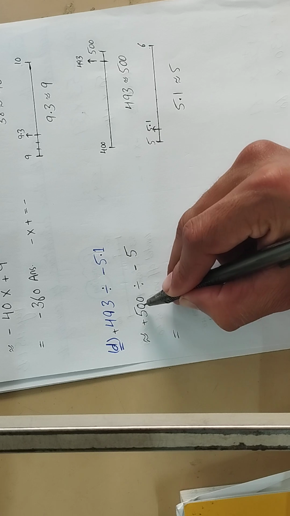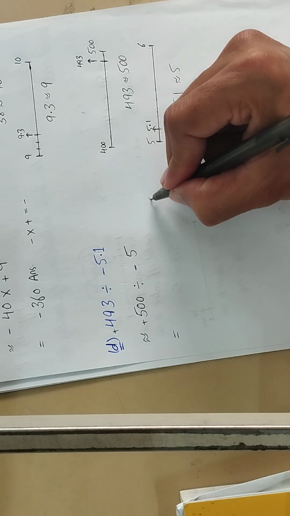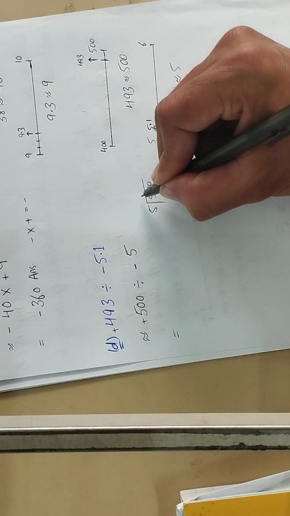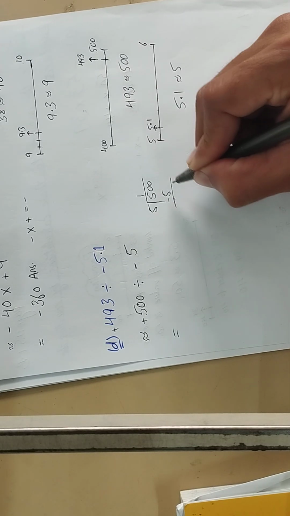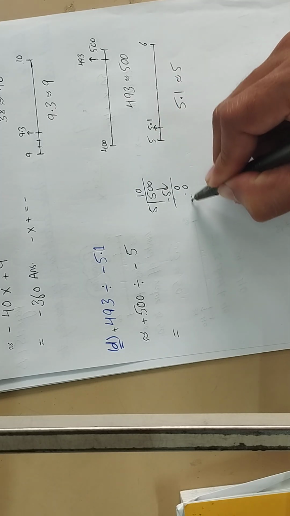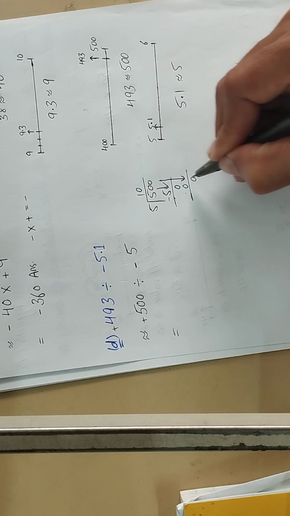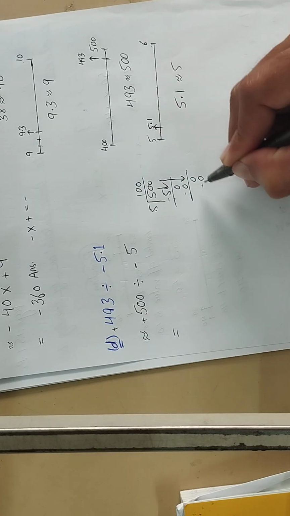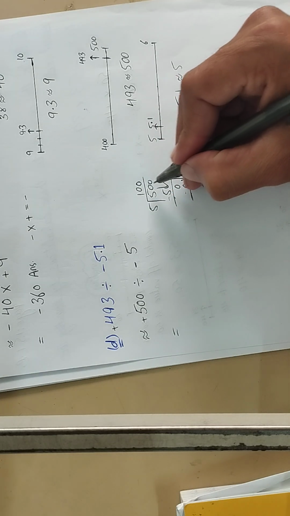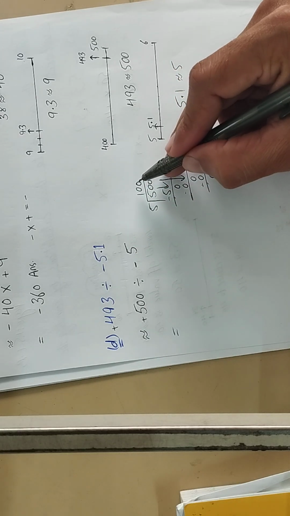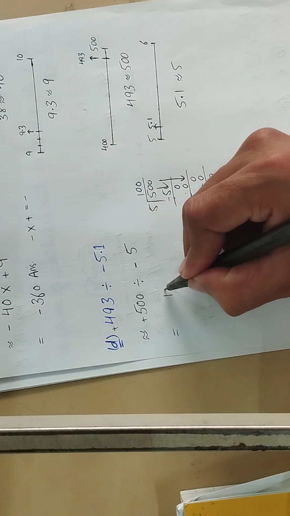Divide these two numbers. 500 divided by 5. 500 in the house and 5 out of the house. 5 1s are 5, and 0 down here, again another 0. So when we divide 500 by 5, we get 100. So our answer is 100.